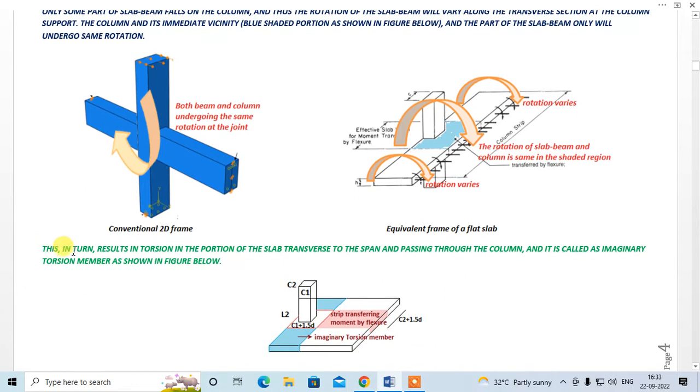This in turn results in torsion in the portion of the slab transverse to the slab and passing through the column, and it is called an imaginary torsion member as shown in the figure below. This unshaded portion is shown over here in blue, right? So it is assumed that this strip is supported by this column, and the remaining portion is supported by this imaginary torsion member. So this is how the flat slab action acts, okay.